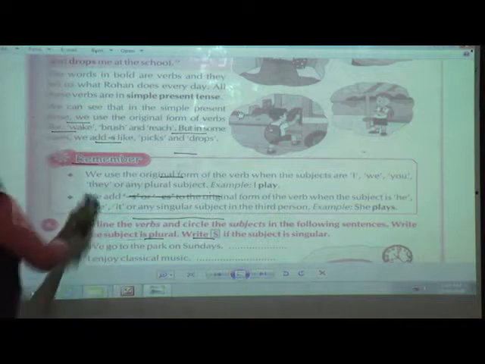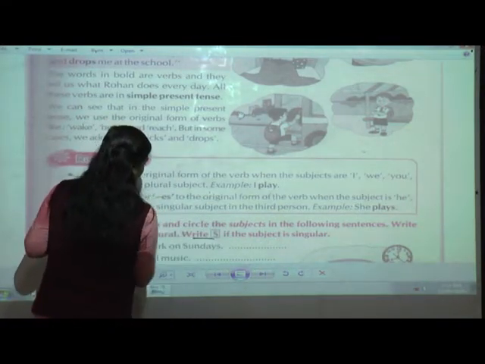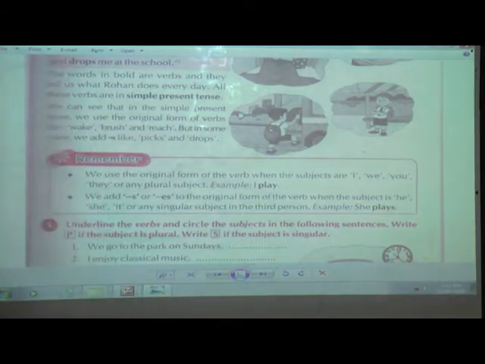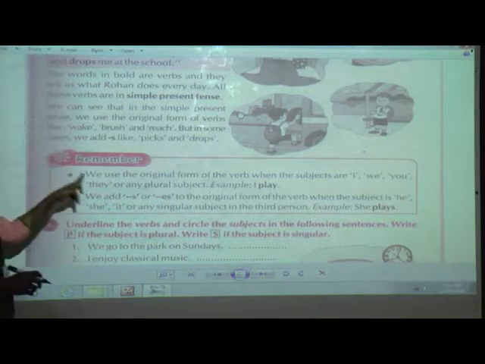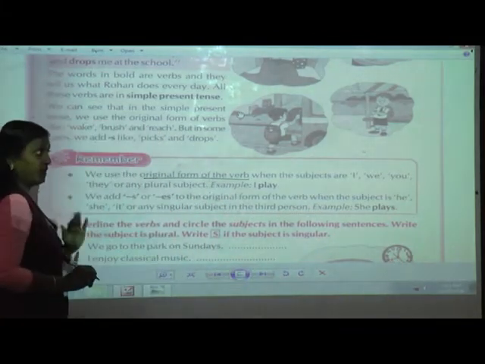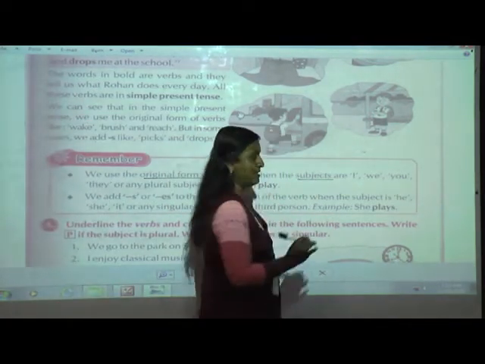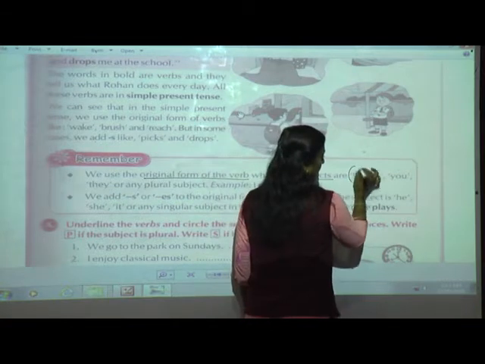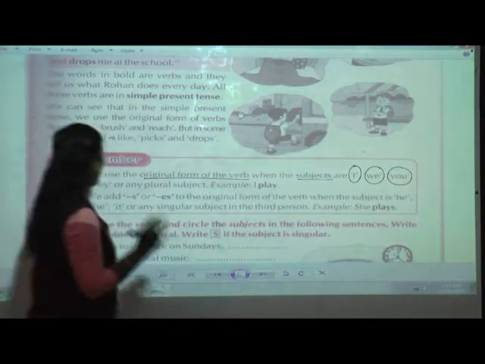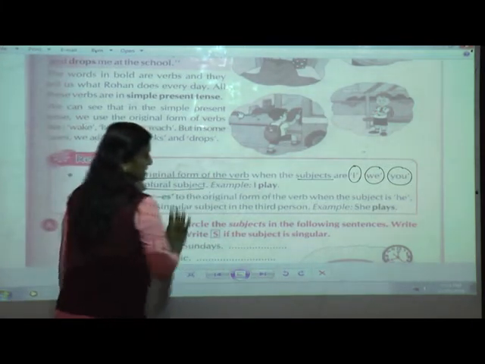So there are two things we have to keep in our mind. Here can you see in the remember part? What are the things you have to keep in your mind for this simple present tense? That we always use the original form of the verb when the subjects are I, we, you, they or any plural subject.